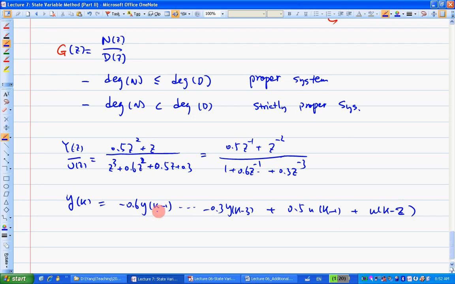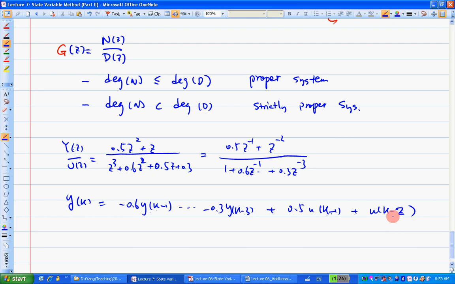So if you look at the relationship right here, what does the current output depend on? Exactly. It depends on the past output and what? The past input.